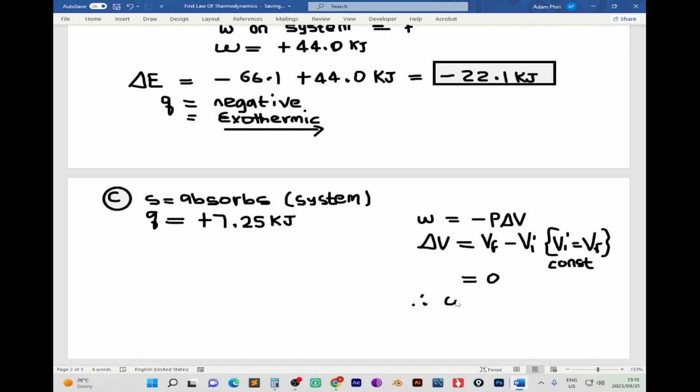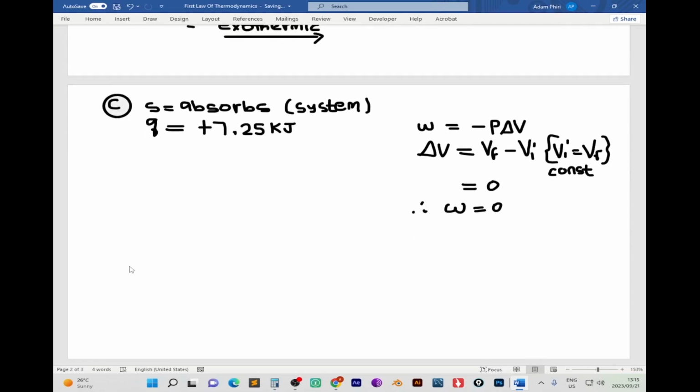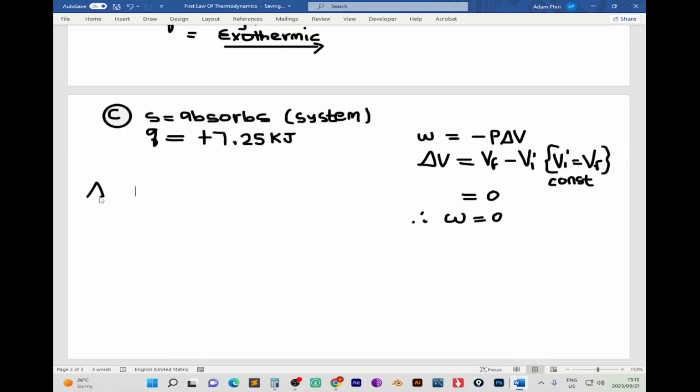So 0 times negative pressure gives 0 work. That means our internal energy will be the Q value plus 0 work. So our work there will be 0.